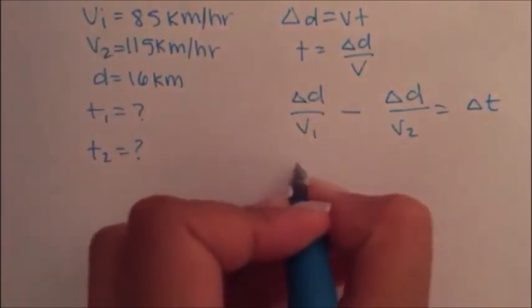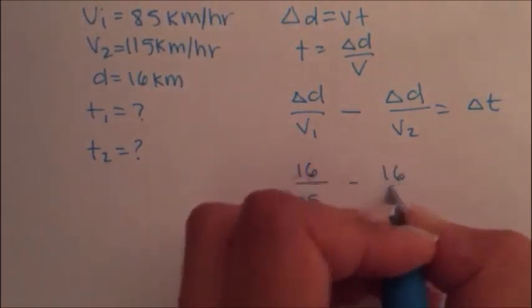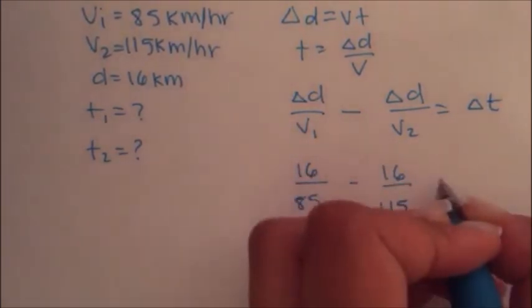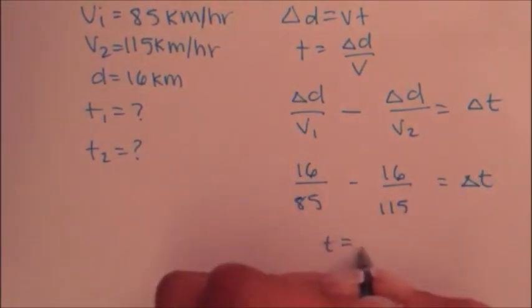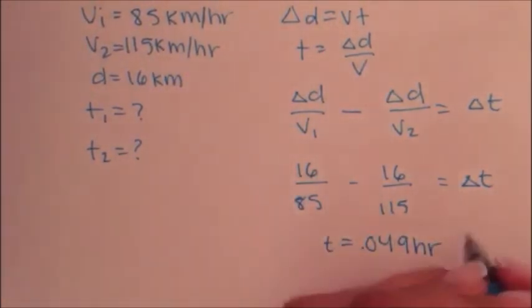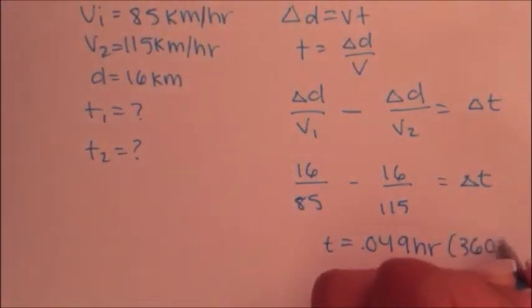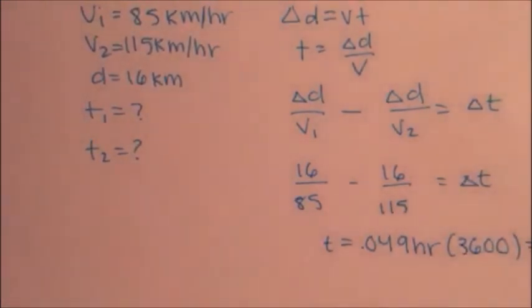So now plug in our values, so 16 over 85 minus 16 over 115 is going to be the change in time, which is going to give us 0.049 hours. And the answer gives it in seconds, so we're going to multiply this by 3,600 to give us 176.78 seconds.